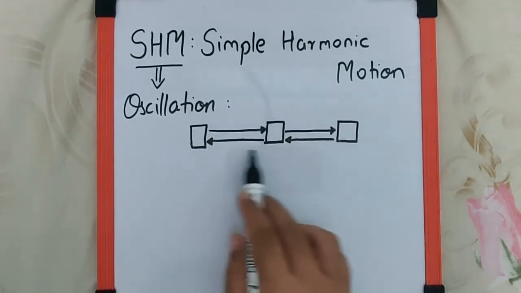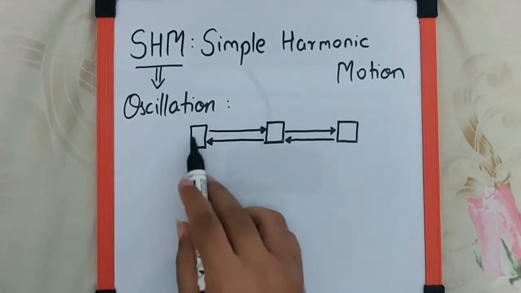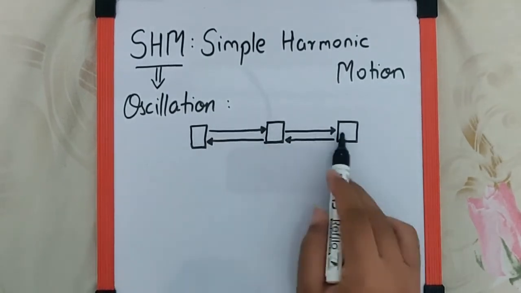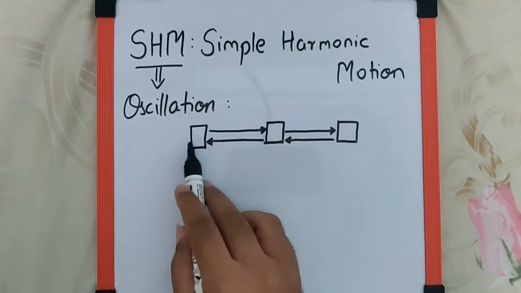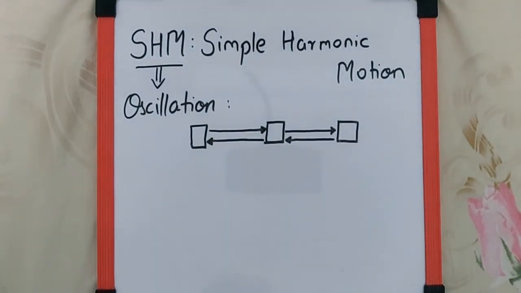This motion, which is repetitive after equal intervals of time, is called oscillation or simple harmonic motion. Now to understand this in a very simple form, let's understand the oscillation of a spring.